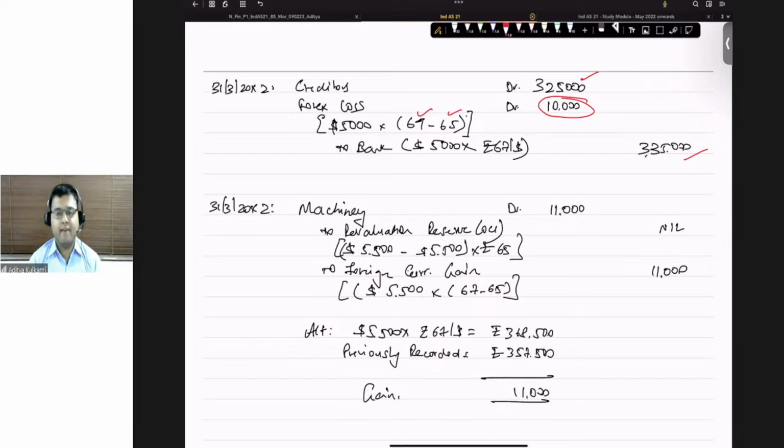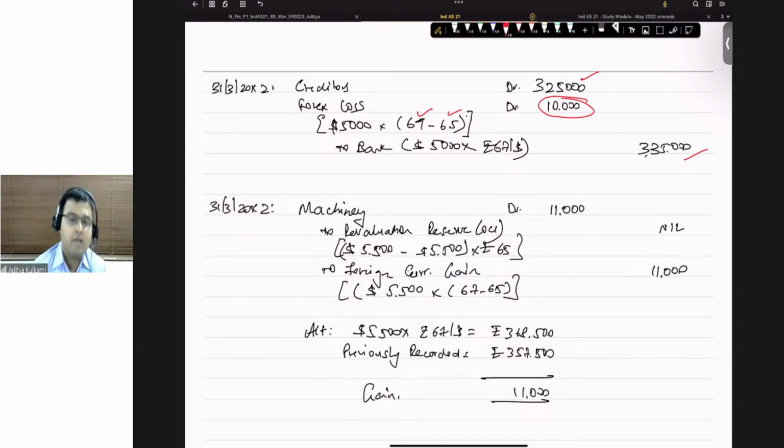Again, there is a fair valuation. Coincidentally, the fair valuation that has happened is the same as it was a year ago. Ideally, it should not happen. You have to do a fair valuation only when there is a change in the value. But here the institute is not trying to explain Ind AS 16. It is trying to ensure you understand the Ind AS 21 concept.